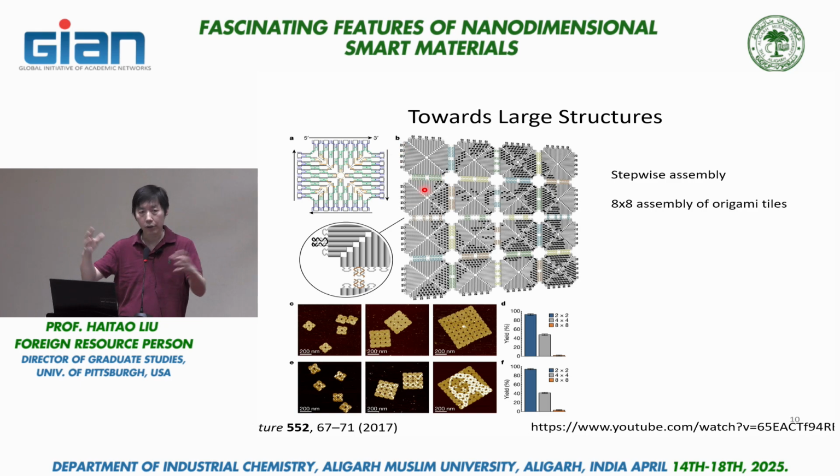So it's a combination of the origami and the single-stranded tile approach, except each individual building block becomes a DNA nanostructure itself. They were able to produce, by stepwise annealing of those components, they start with 2 by 2, and then 4 by 4, and then 8 by 8. So progressively building larger and larger structures. And this is an atomic force microscope image showing the pattern of Mona Lisa on the surface.